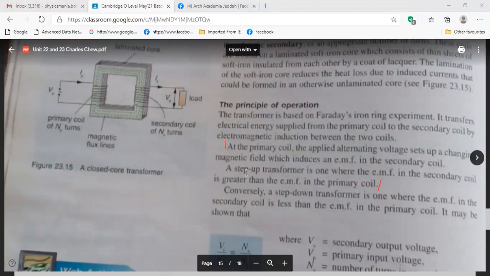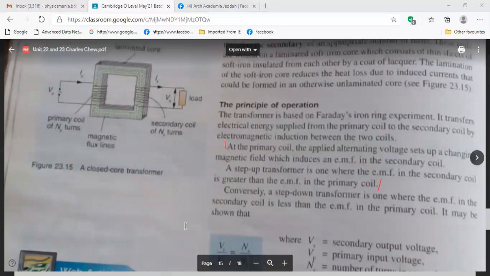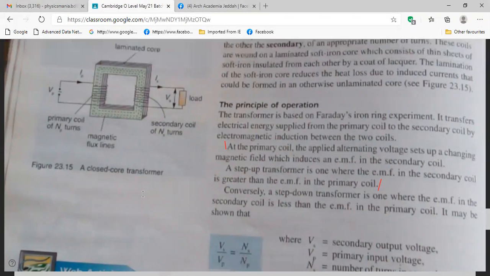If you understand step-up transformer, then you can also understand step-down, right? Yes, sir. That's why only write one, not needed to write both. Then you write this formula. Once you are done with this writing, you write this formula: Vs by Vp equals Ns by Np.